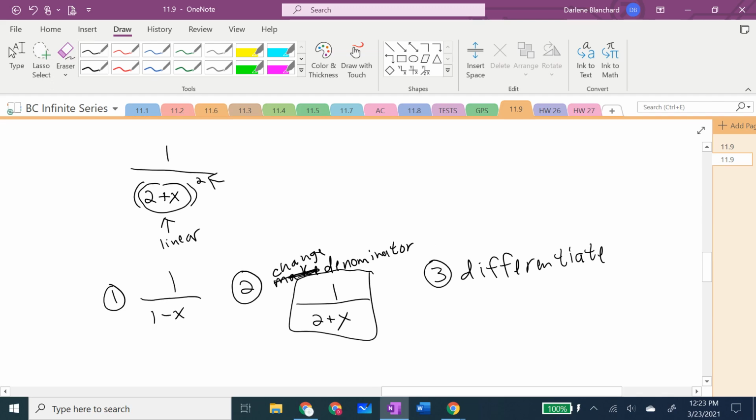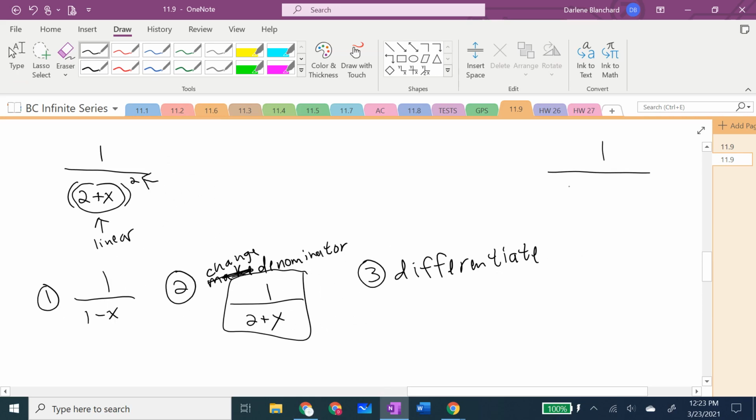If you are given 1 over parentheses cubed, and you have some linear thing in there, let's say it's 1 minus 2x, you're going to do step 1 and step 2, then you're going to do step 3, and then guess what you're going to do? You're going to differentiate again.